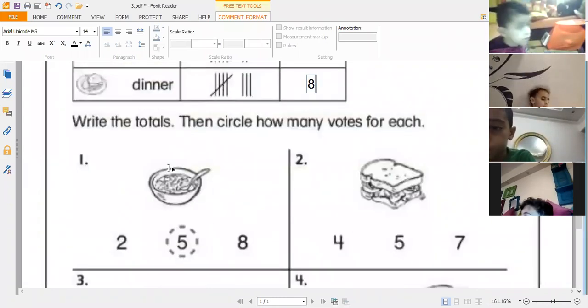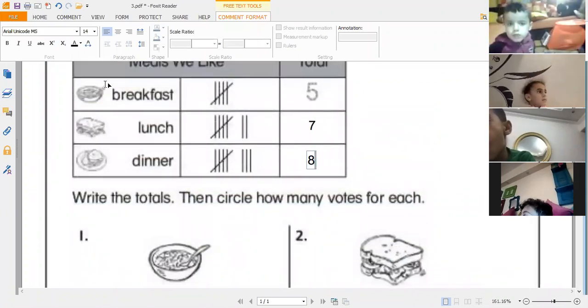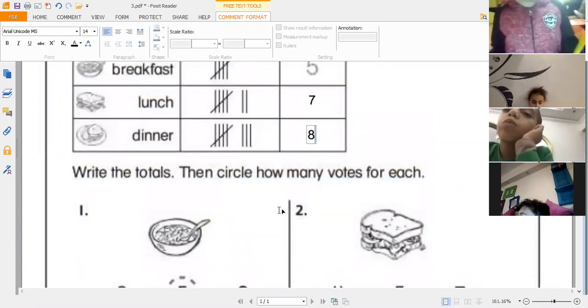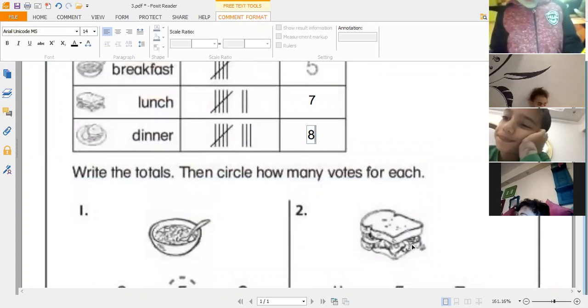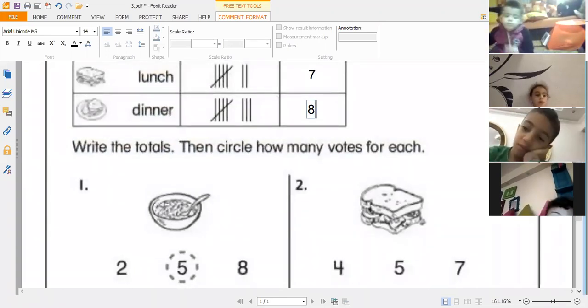For example, this shape means breakfast. How many children voted for breakfast? 5. So we will circle 5. And the second one, this picture, is it breakfast, lunch, or dinner? Lunch.